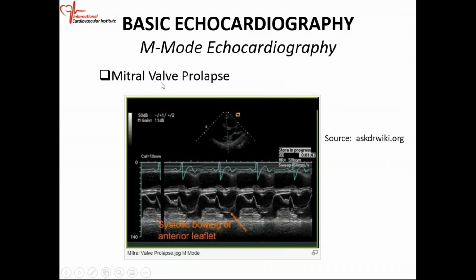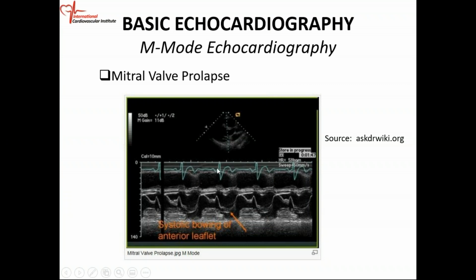Mitral valve prolapse. Okay, so again, mitral valve prolapse is a systolic phenomenon where the anterior or the posterior mitral leaflet bulges into the left atrium in systole. So ECG is on top.